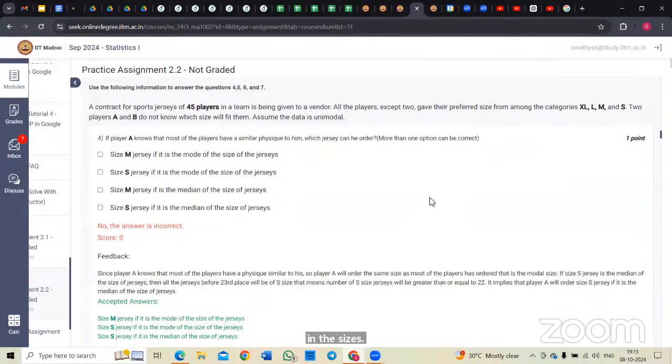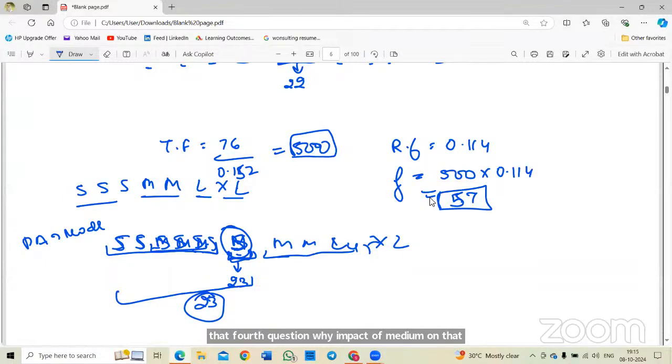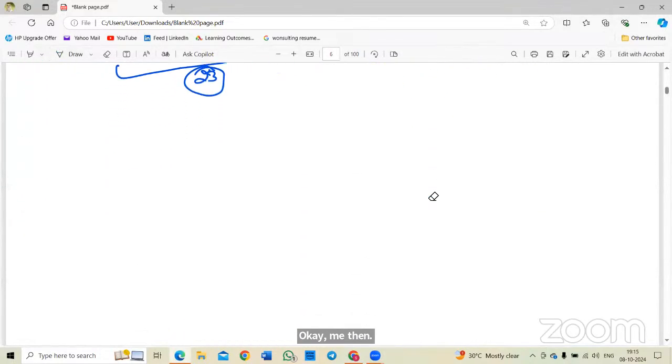So who was having the doubt in the fourth question? Ma'am, that fourth question, why the impact of median on that question? I just understand the impact of mode on that, ma'am. See, it's saying that in the third option, they're saying that size M is the median, right?